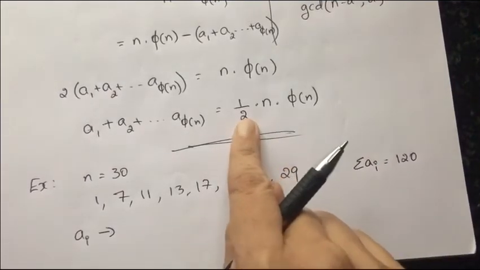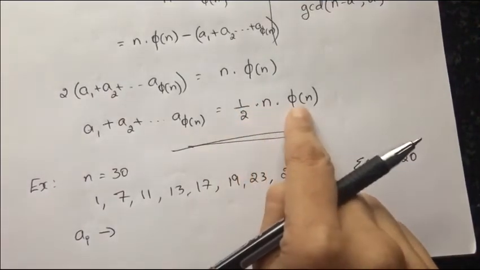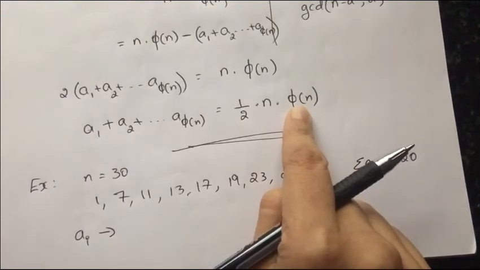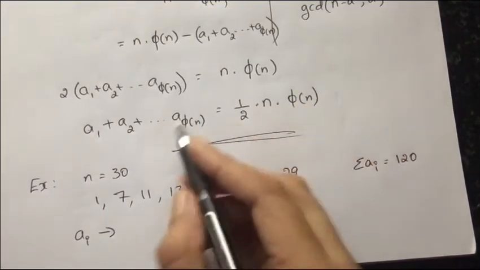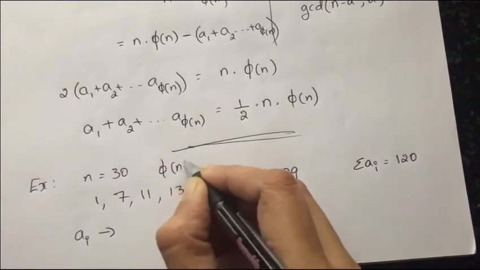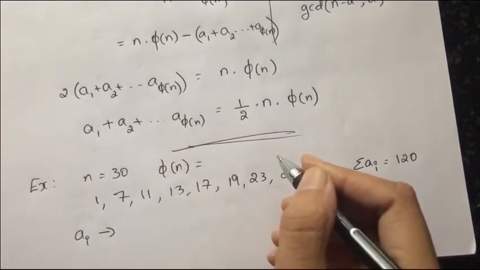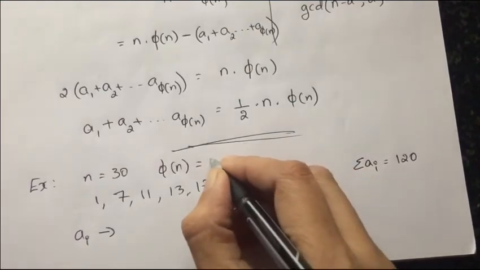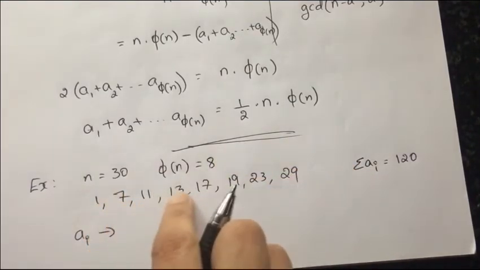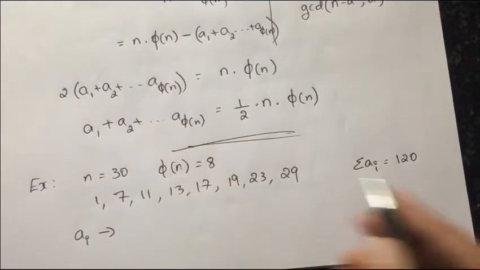Now I want to prove this is equal to half into n into phi of n. What is phi of n? It is 8.